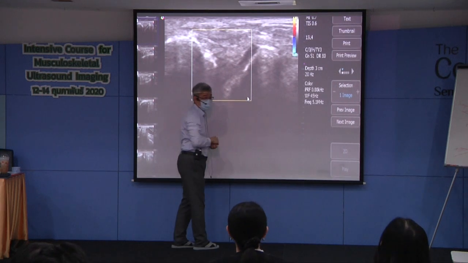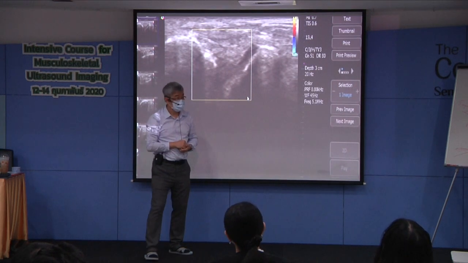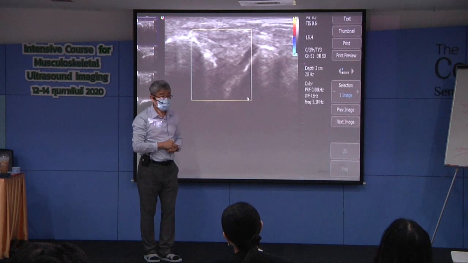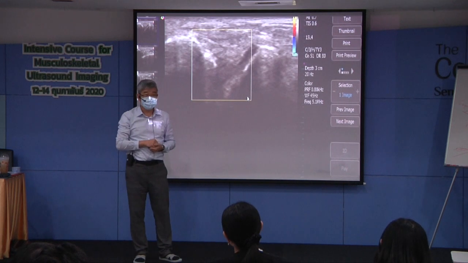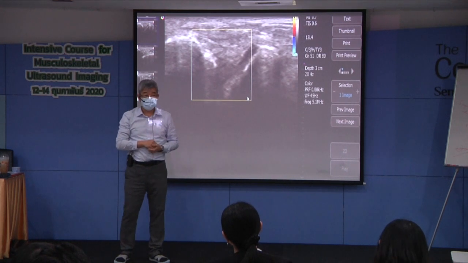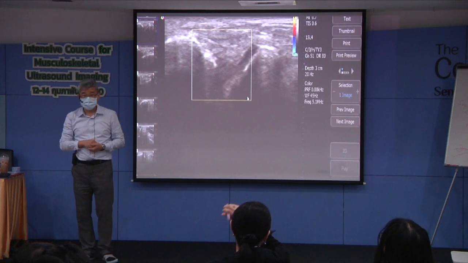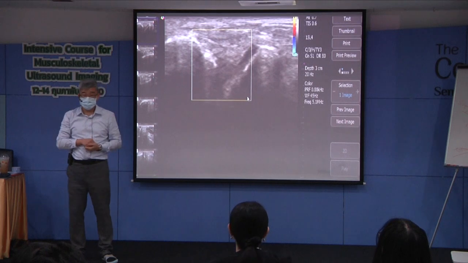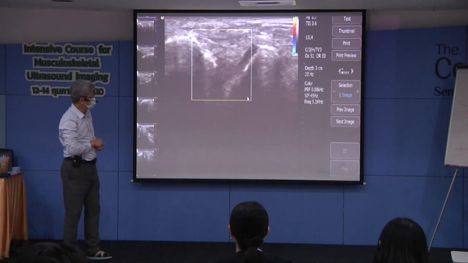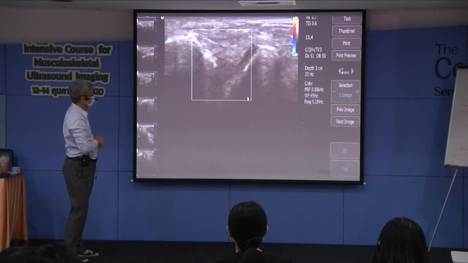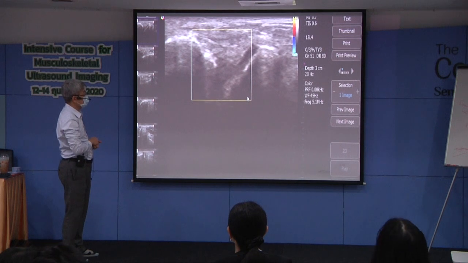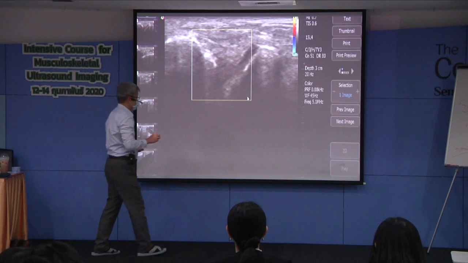Okay, the case is about a man, I think more than 50, under 60. He had an ankle sprain before. Then he has residual pain in the ankle and the foot, and he came for help. It does not look very good.